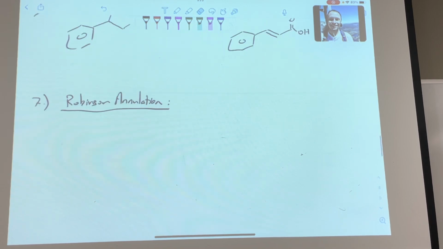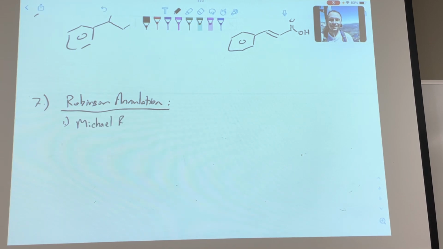But the annulation really, like I said a minute ago, is a two-reaction process all rolled into one. It is going to combine step one, which is a Michael reaction, followed by an intramolecular aldol.